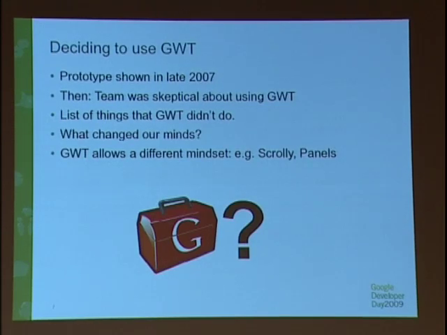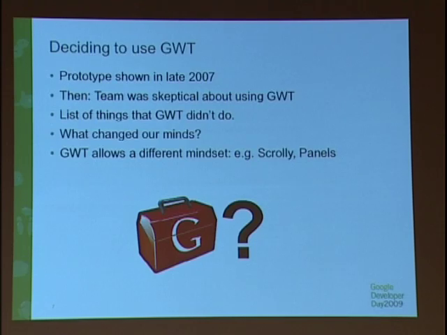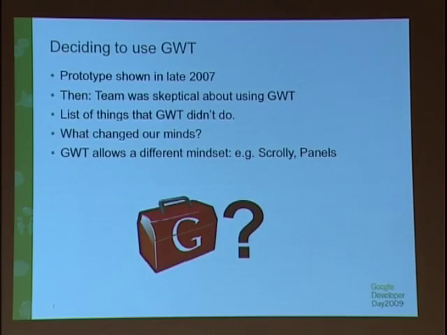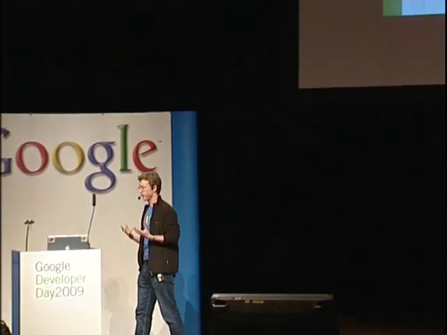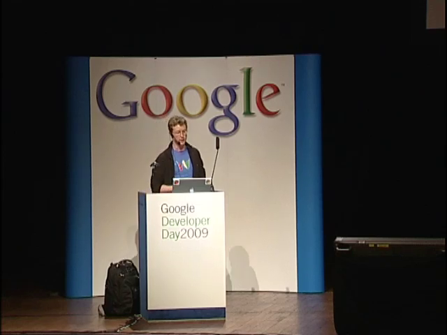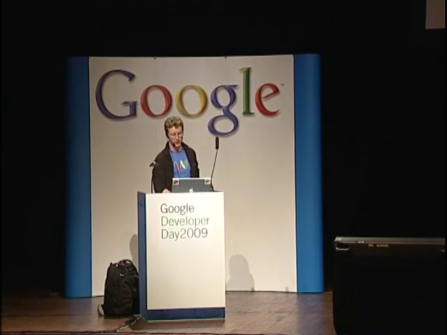Many of the engineers came from working on Google Maps, which, as you know, is all in JavaScript, and JavaScript is a great language for web development. But Google Web Toolkit did look very appealing. There was a list of things that GWT couldn't do at that time, and to make a real web application of first-class quality, we really needed a few extra things on top. That's what the rest of this talk will be about.